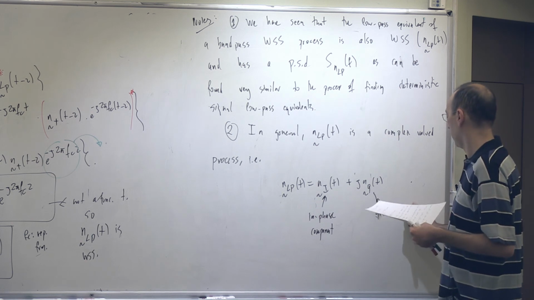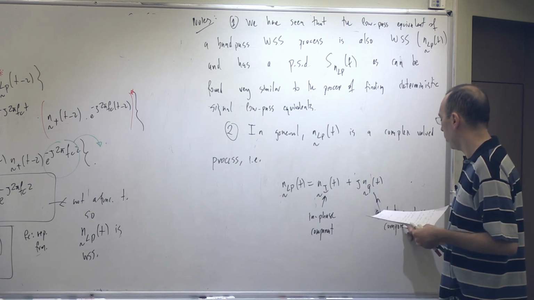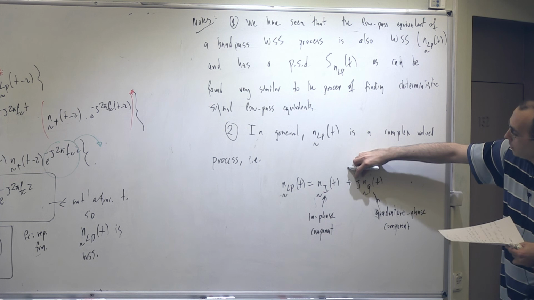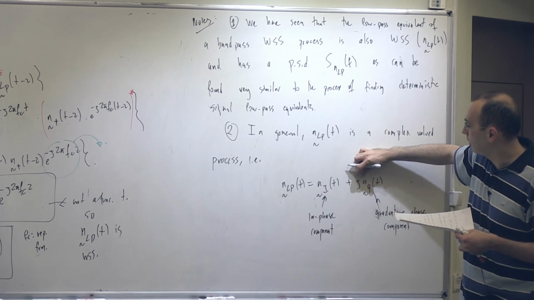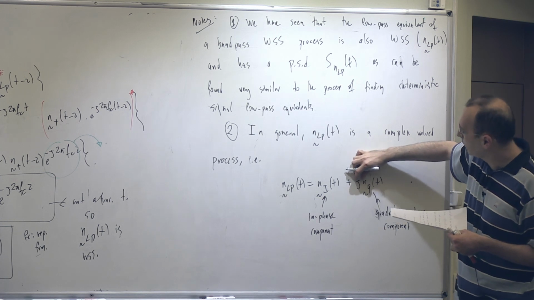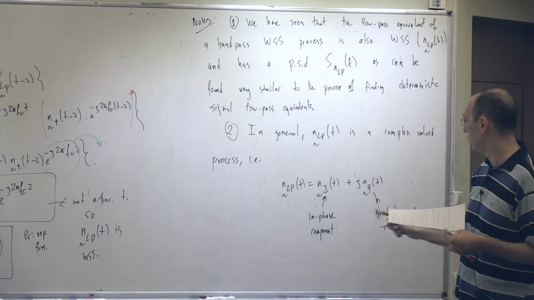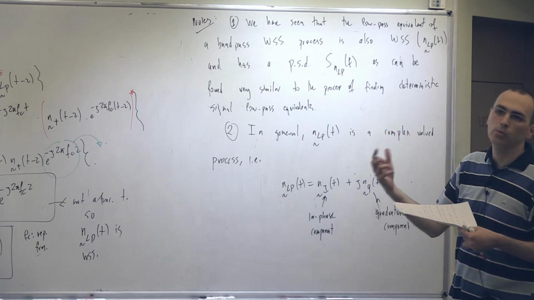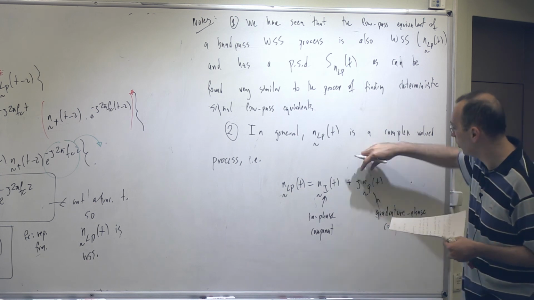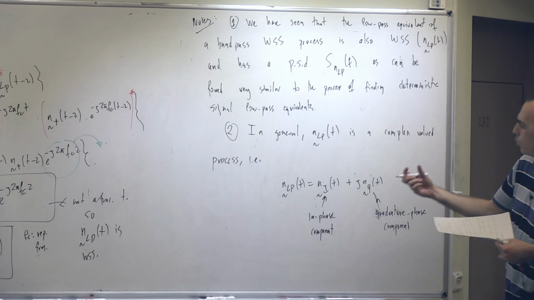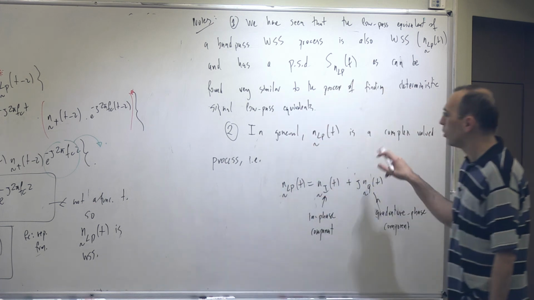Quadrature phase or quadrature component. So why do I say so? Because there is a 90 degrees phase shift. So again, from circuit theory or basic electrical engineering, multiplication by j refers to a 90 degrees phase shift. Quadrature means lambda over 4, okay? This is like T over 4 in seconds and so on. So a quarter of a period, the quadrature phase component. So in general, this is a complex valued process.